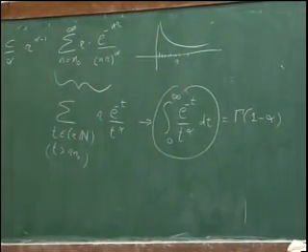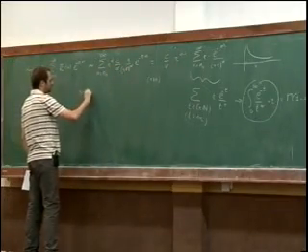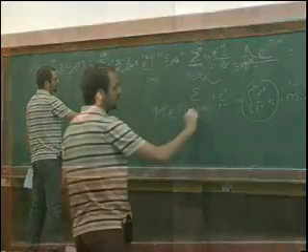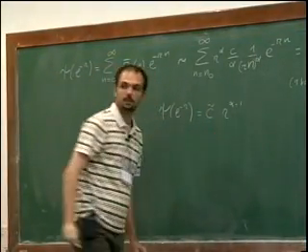And then what we have obtained, look here, is that psi of e^(-r) is a constant times r^(alpha minus 1).